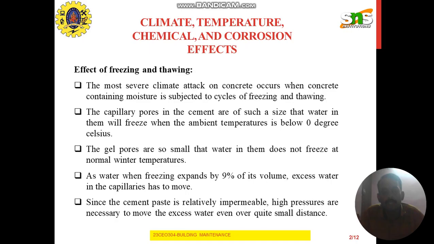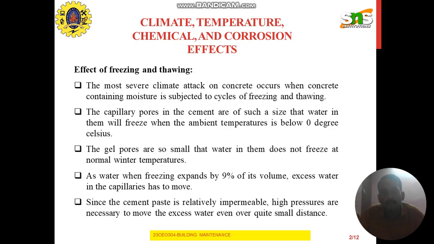We already know freezing is the process in which the water molecules present inside the concrete expand due to lowering of temperature below 0 degrees centigrade. So this most severe climatic change on concrete leads to various cycles of freezing and thawing in concrete.